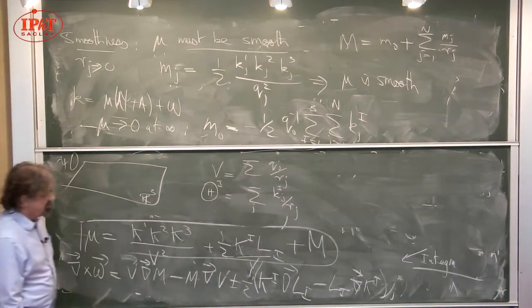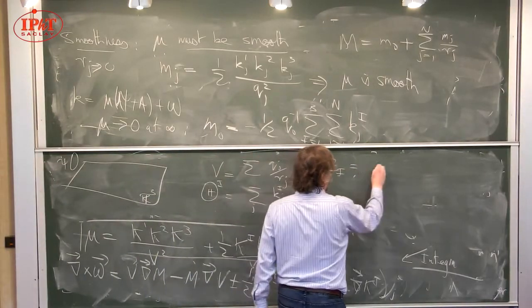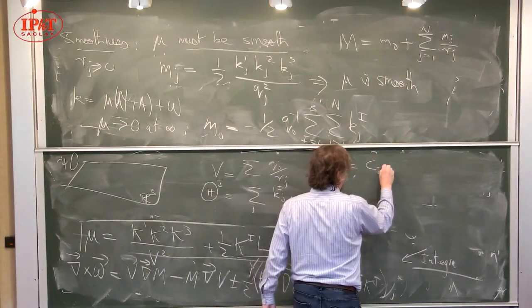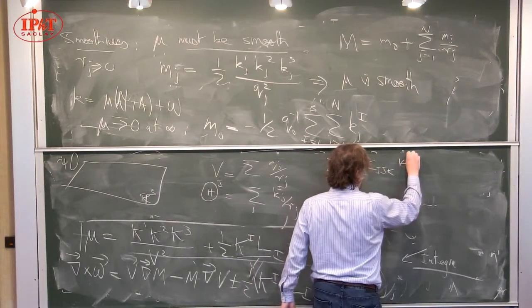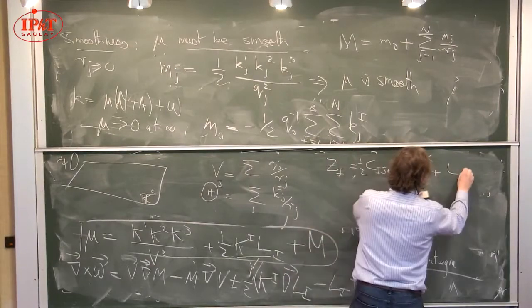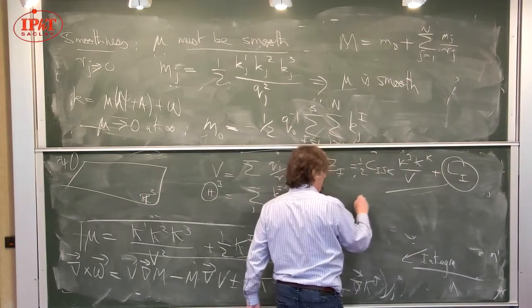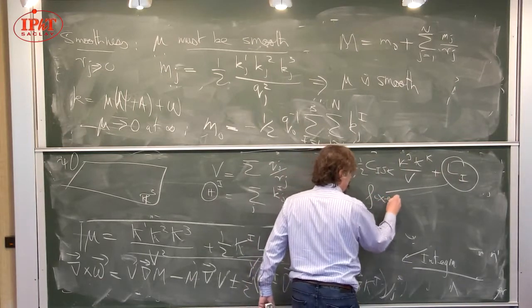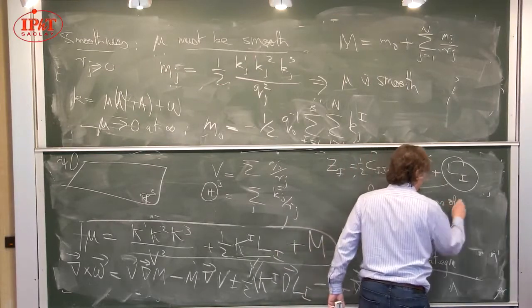And then we set about solving the rest of the details, the electrostatic potentials. And we found they were given by Cijk, a half kj kk over v plus li. But this was entirely fixed in terms of the k's.